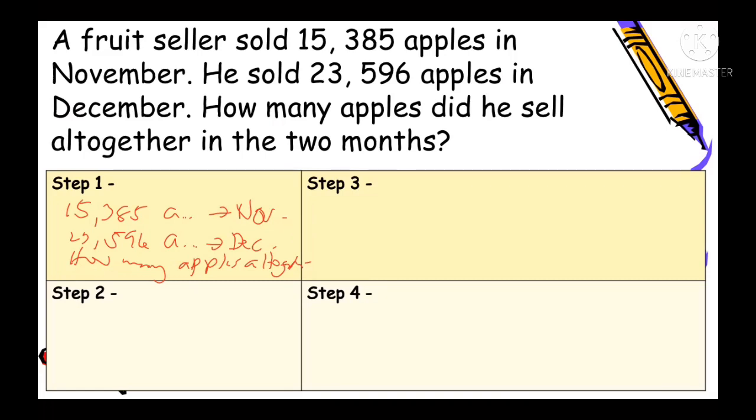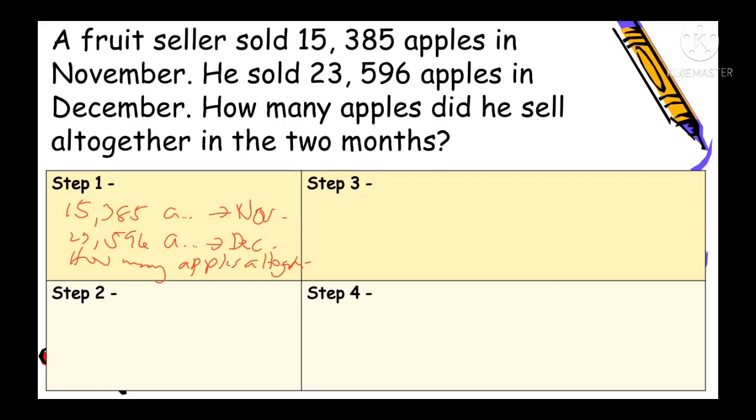Step 2. Our step 2 is, yes, get a plan. So we need to see a clue. We need to see first in the question if we can see a clue there. How many apples did he sell altogether in the 2 months? Did you see a clue word there?